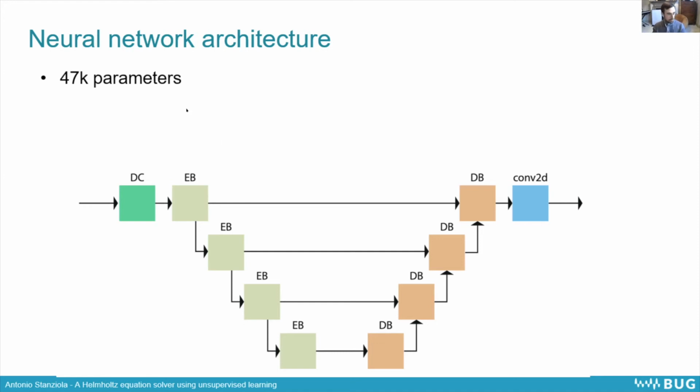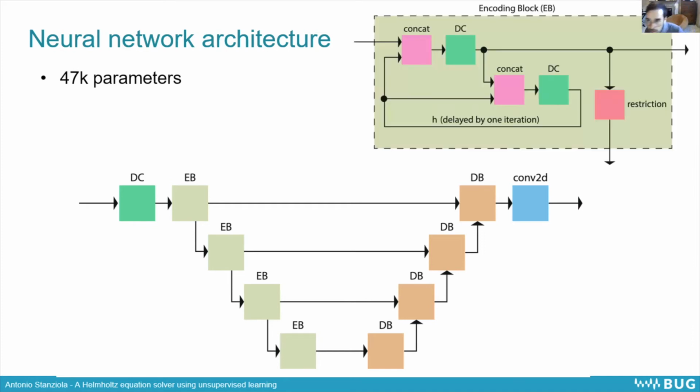The main modification that we made to the UNet architecture is in this encoding block here. The encoding block is slightly more complex, but not much more complex than what the UNet has. We have a hidden state, which is the H that I described before, and this hidden state is fed with the input to the double convolution layer by simple concatenation.